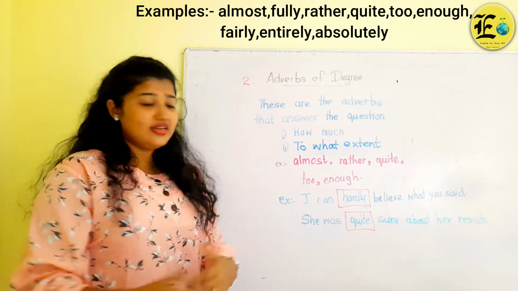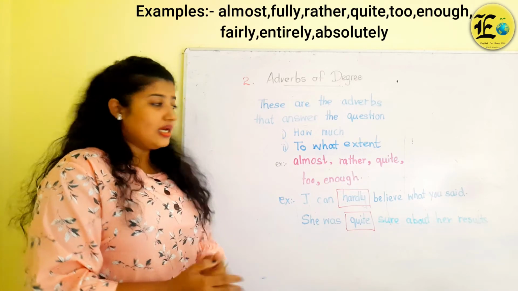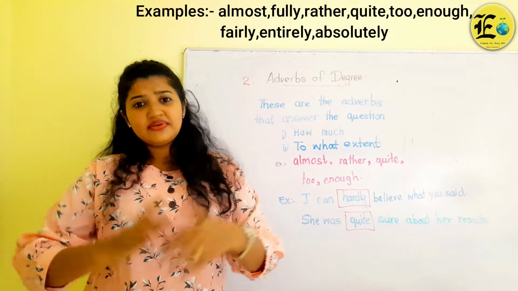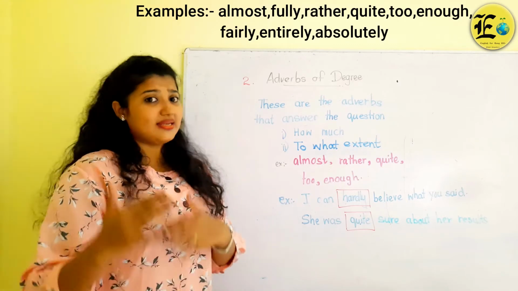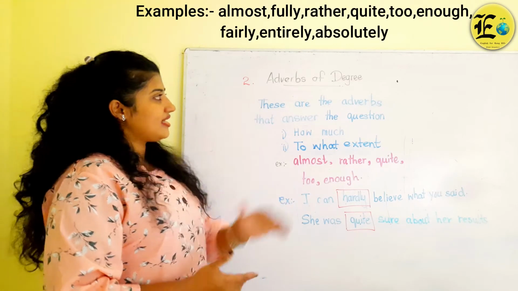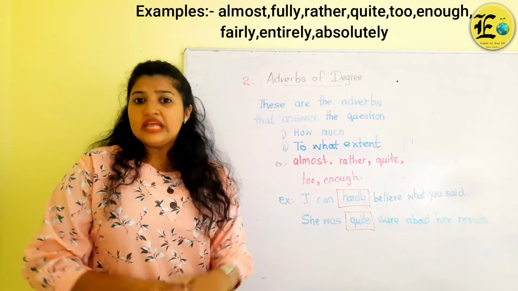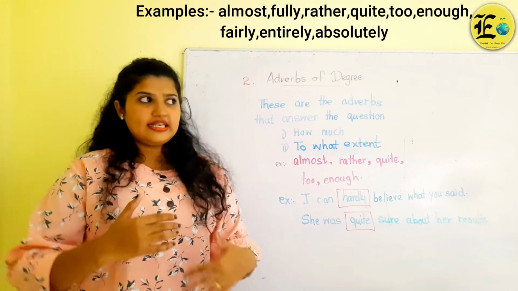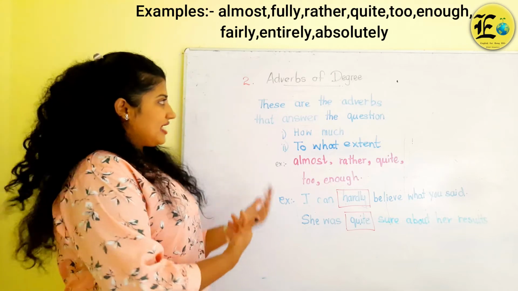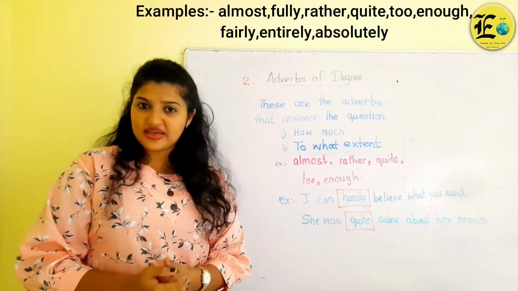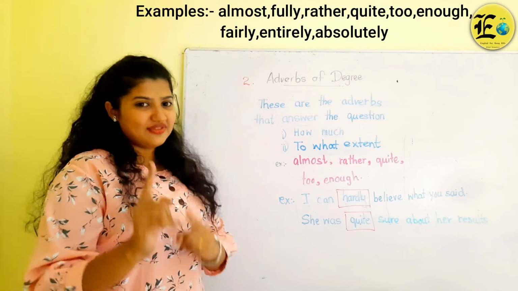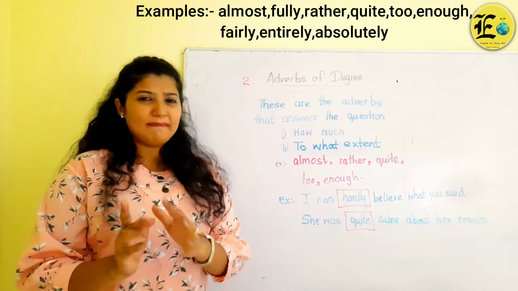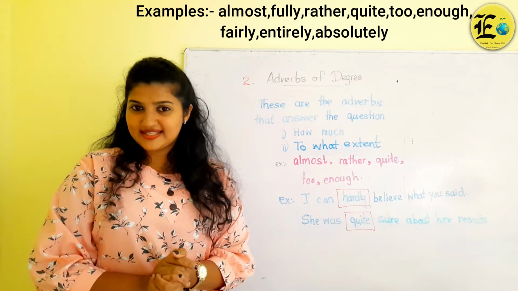So I have provided 4 examples for you. Apart from these, there are a lot of examples that can be categorized under the major category of adverbs of degree. There are certain rules, like spelling rules, when it comes to adverbs of degree, so you can go and learn them. But remember, adverbs of degree can only be placed in the middle part of a sentence.